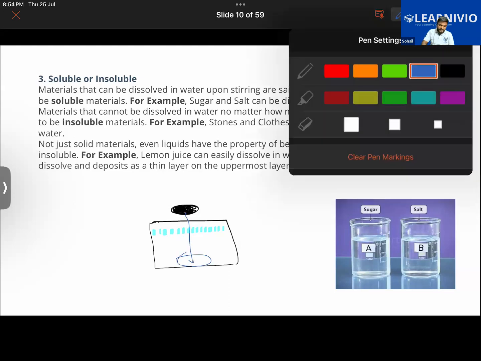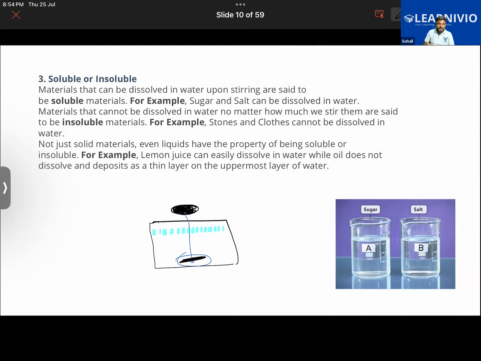Also, it is heavier. But sir, salt is very small, right? So upon dissolving salt, what happens? It is heavier, that is also one thing. Furthermore, when you dissolve salt, the salt particle disintegrates. It will be breaking into smaller pieces, right?